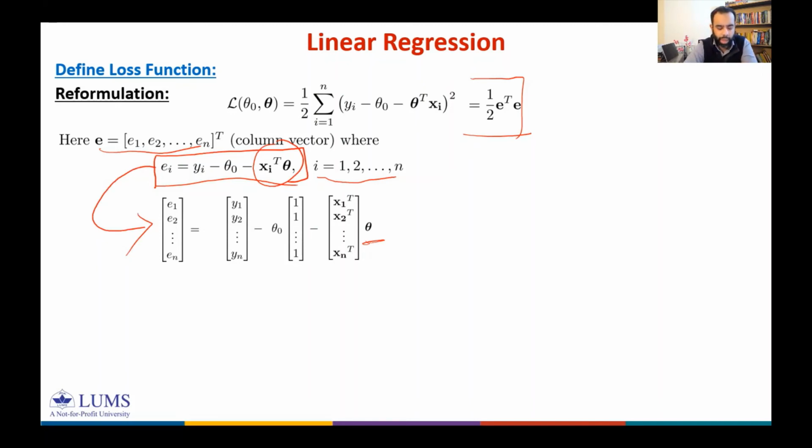Okay, let's carry out some more simplification. I'm going to combine these two terms. So I can write y1, y2, yn minus, so theta naught and theta, I have concatenated these two in one vector, right?